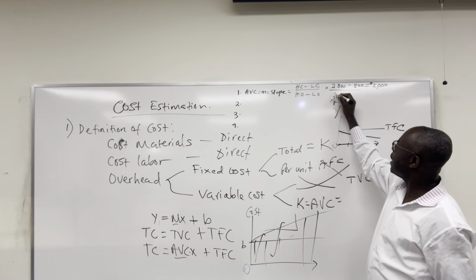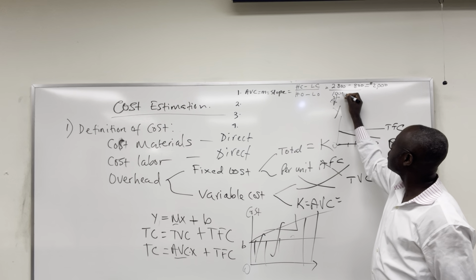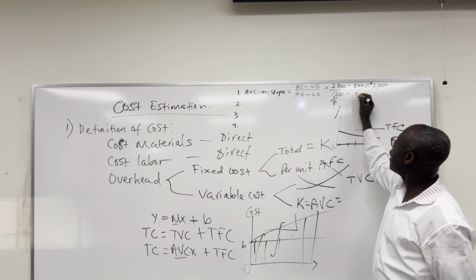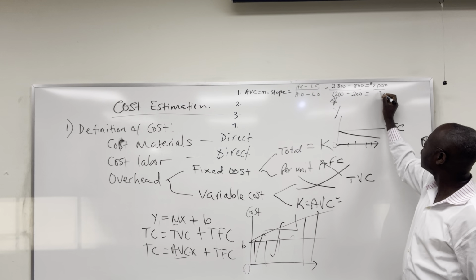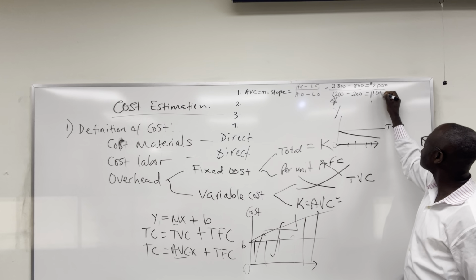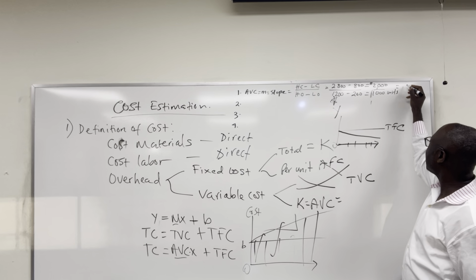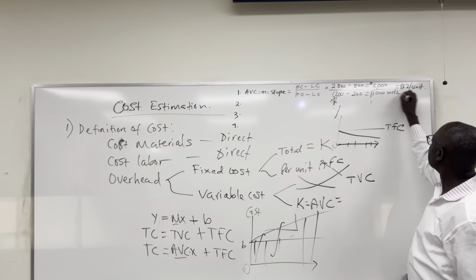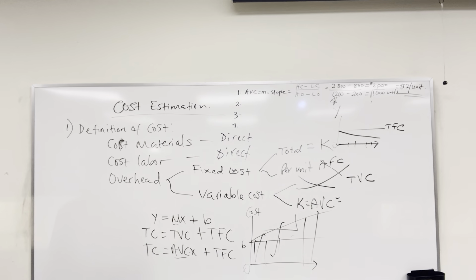And if our highest output was, let's say, 1,200, and our lowest output was 200, then that difference is going to give us what? 1,000 units. And 2,000 divided by 1,000 is what? $2 per unit. $2 per unit is the slope or the average variable cost.